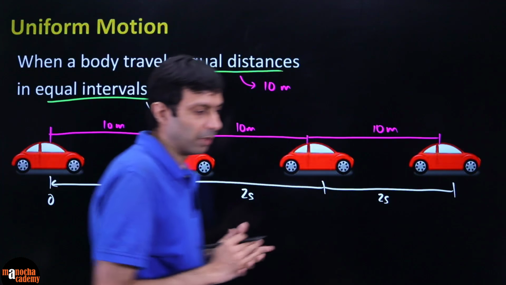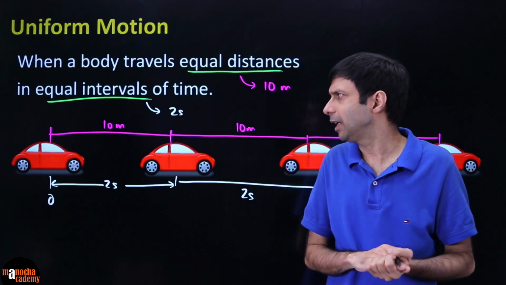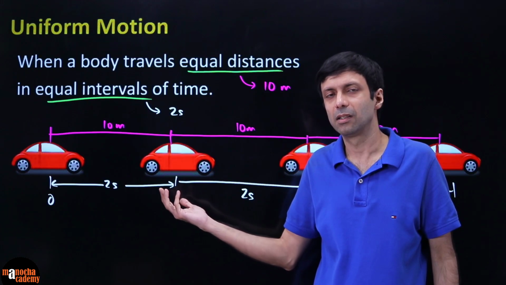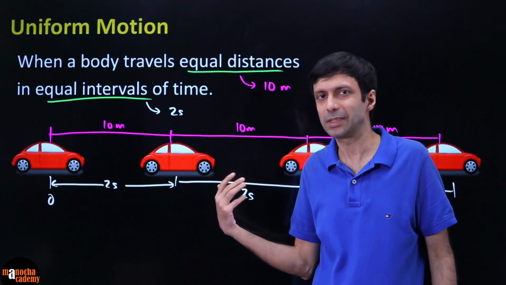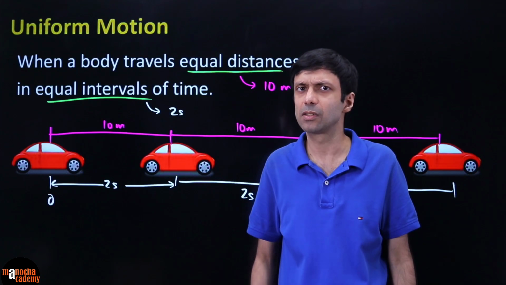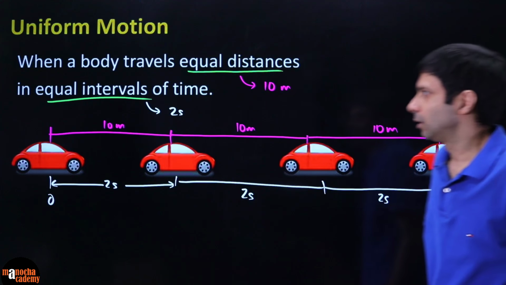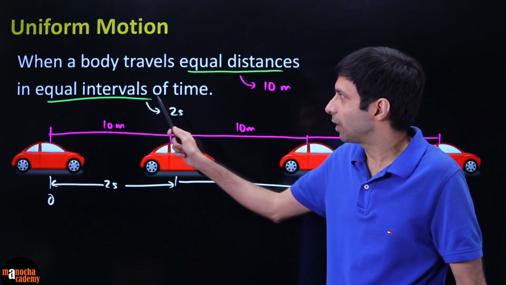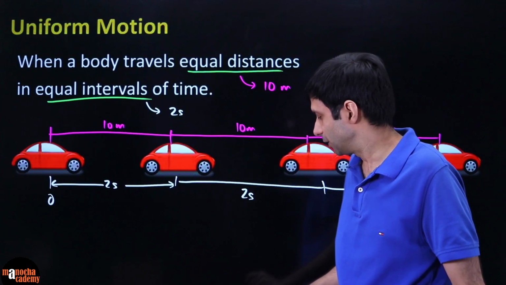Now based on this example, will you agree if I say the car is traveling at uniform speed or constant speed? If yes, what is the speed of this car? Absolutely right. It is traveling 10 meters every 2 seconds.